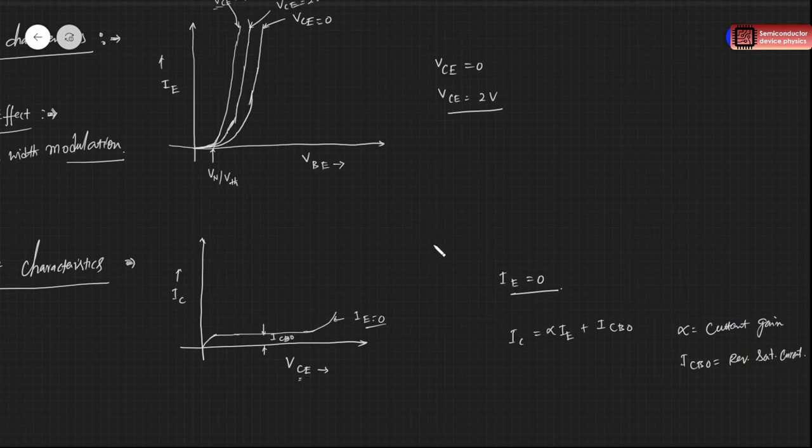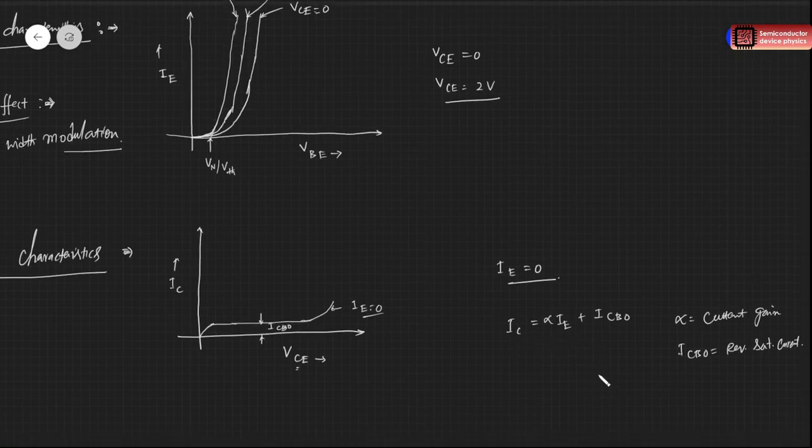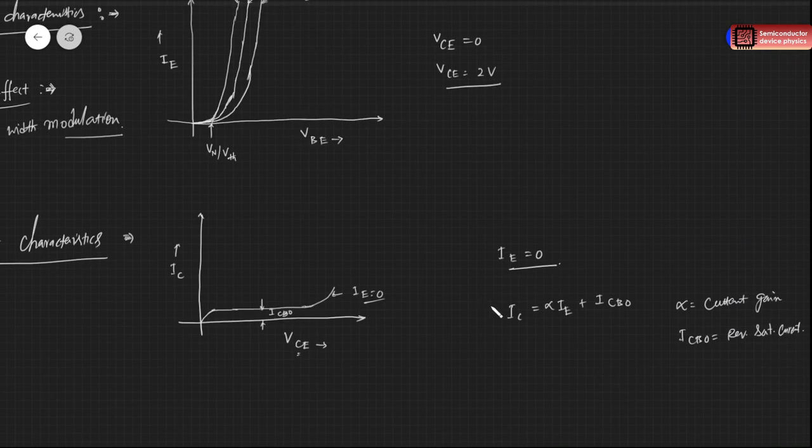And this value of ICBO is very negligible if you compare it with IE or IC, the forward biased currents. So it will be very small in the active mode of operation.